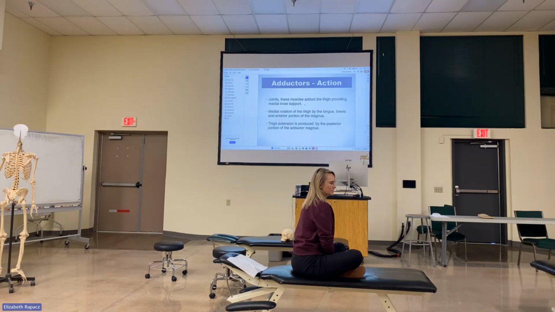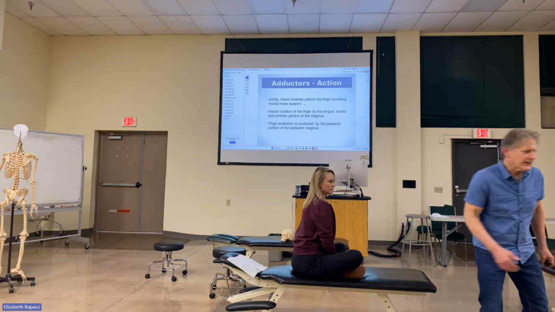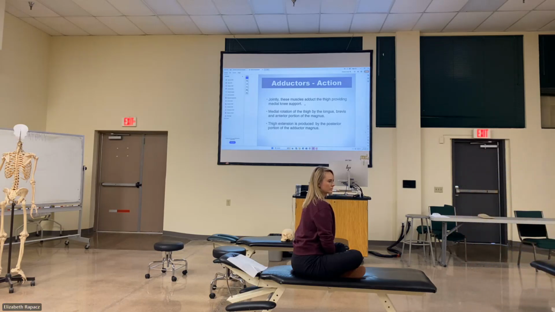And there's a common thing I see with older men, and I think it's related to their testosterone level, where they start to lose muscle mass. A lot of times they'll lose more muscle mass in their abductors, and their adductors will get overpowered and they'll end up with this kind of stance. I see that a lot.